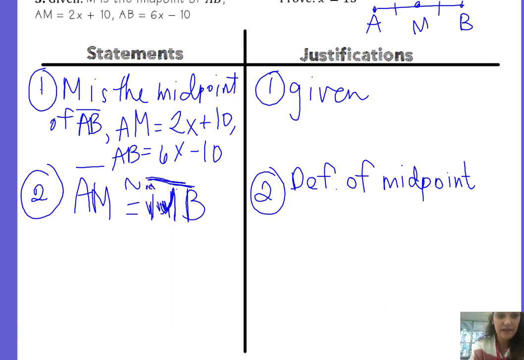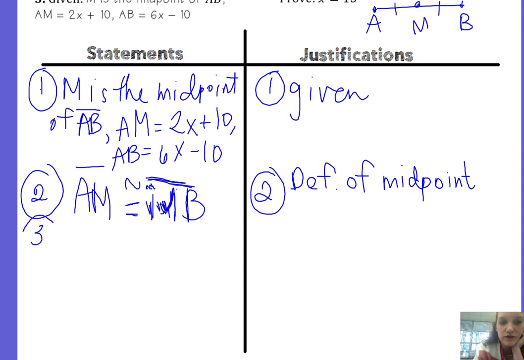Oh well. Okay, notice this expression has a congruence symbol, whereas our other pieces of information have equal signs. So we're going to need to switch from our congruent symbol to an equal sign.